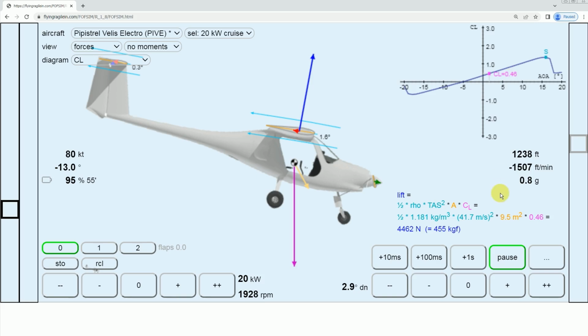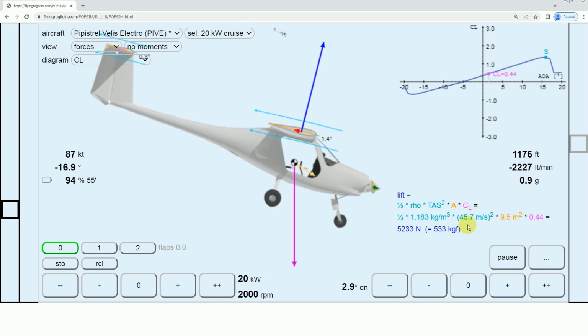The new CL is inserted into the lift formula, which gives a lift of about 450 kilogram force. Now lift is about 150 kilogram force less than our weight. And this deficit in lift causes the aircraft to accelerate downward and into a descent. Let's continue.